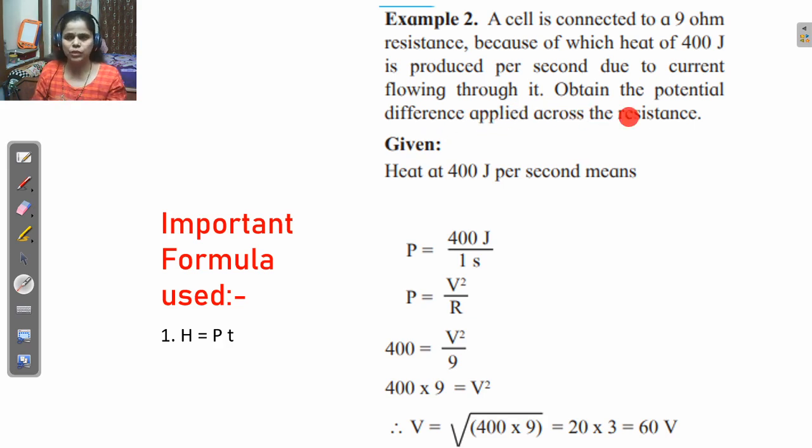We have to find V, the potential difference. What is given? Heat is 400 joule per second, and resistance R is given: R equals 9 ohm.